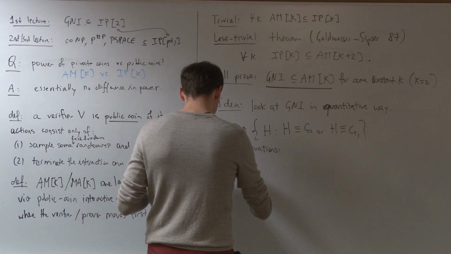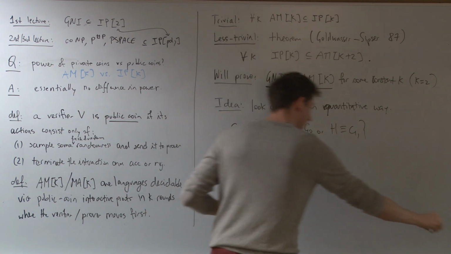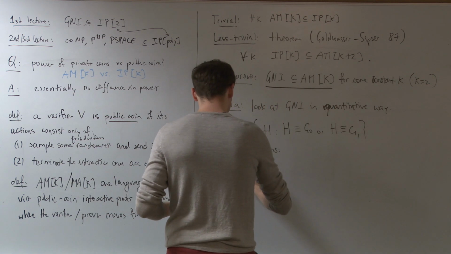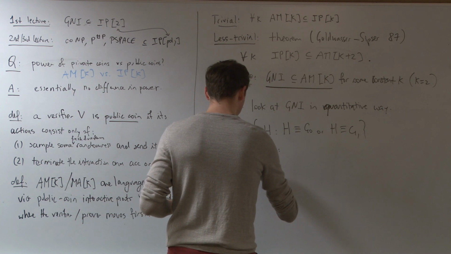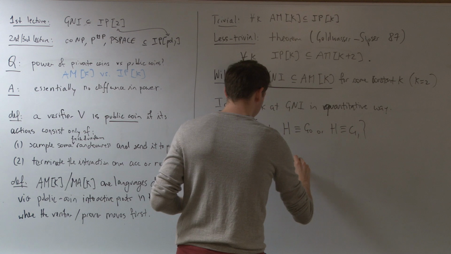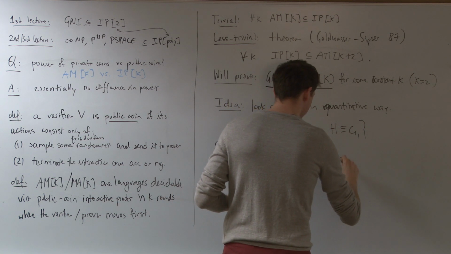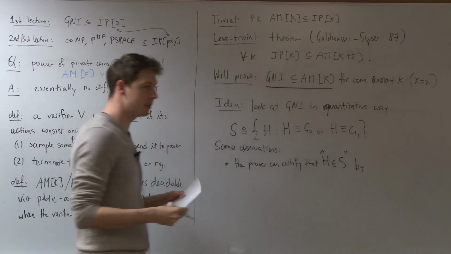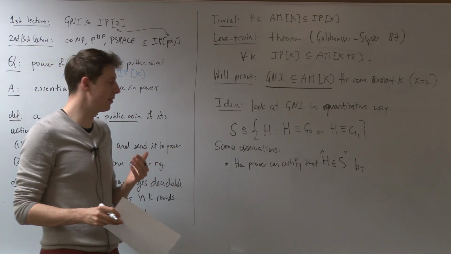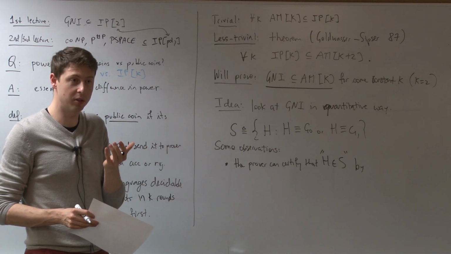The first thing is that the prover can certify that some H is in the set S. How? Suppose the prover wants to convince the verifier that a particular graph H is in the set S. How could it do that?